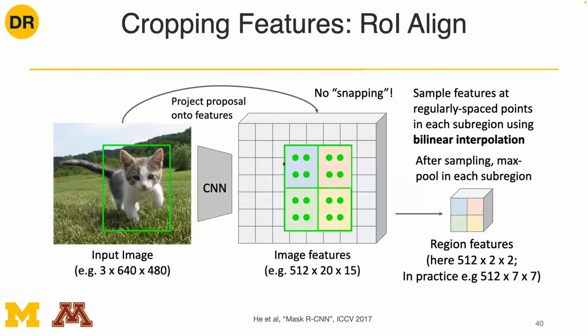You pick some discrete number of samples within each of the sub-windows, run bilinear interpolation on those, and then max pool within each sub-window to produce each of the feature pixels of output. So one pixel in your output feature map here maps back to one of these sub-windows and is a summary of the features that existed within these sub-windows. And then that sub-window correspondingly maps back to some portion of the original input image. So I know that's a lot of going through, but that's how ROI align works.